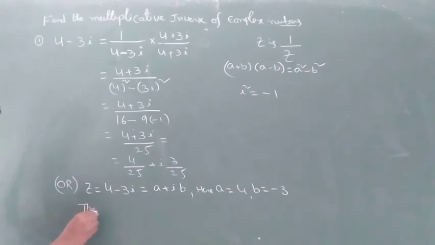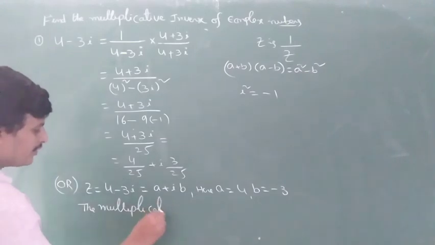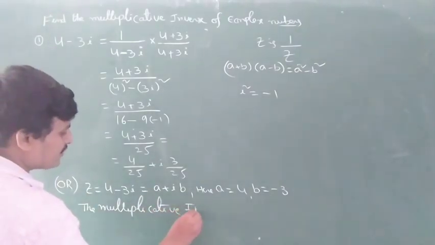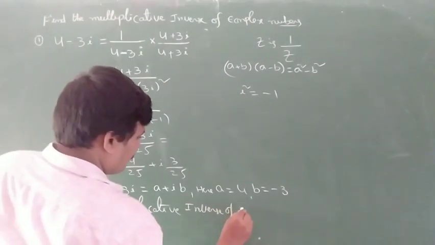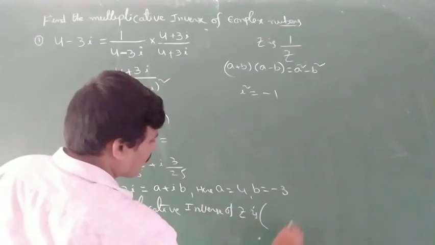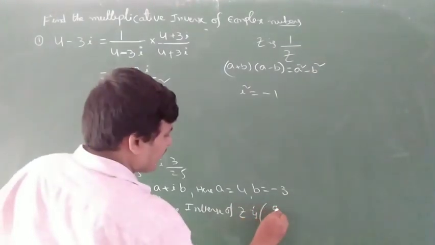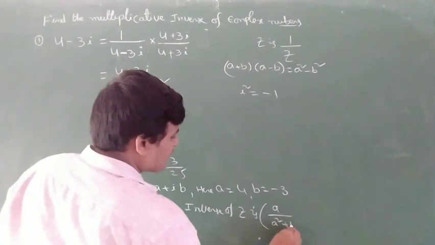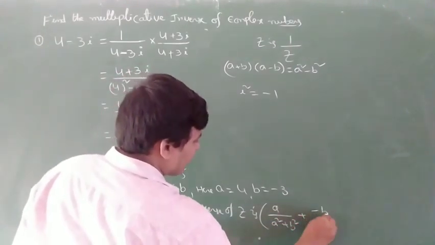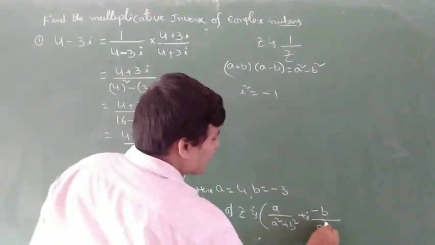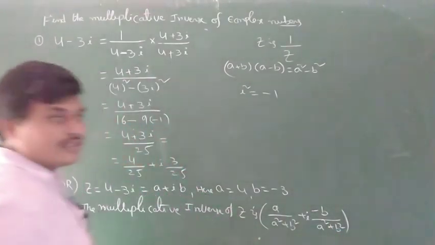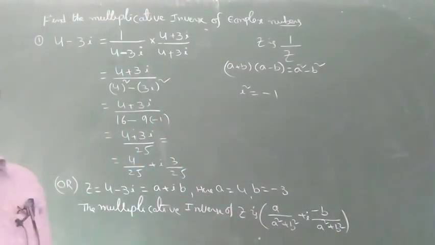The multiplicative inverse of z is a by a square plus b square plus i into minus b by a square plus b square.